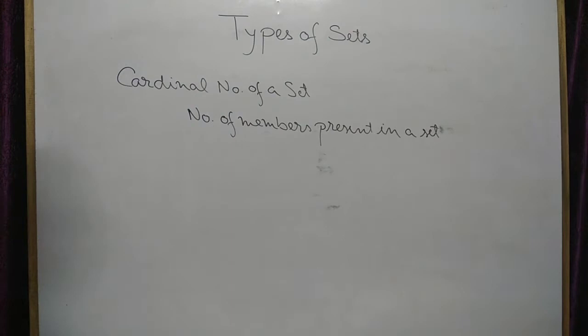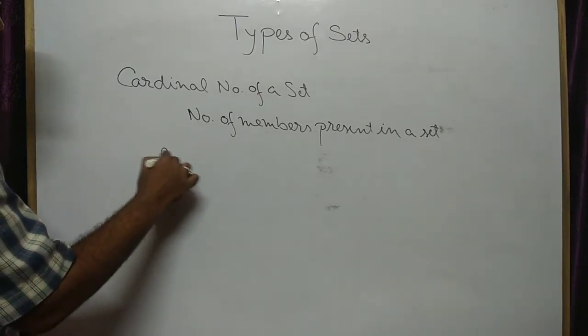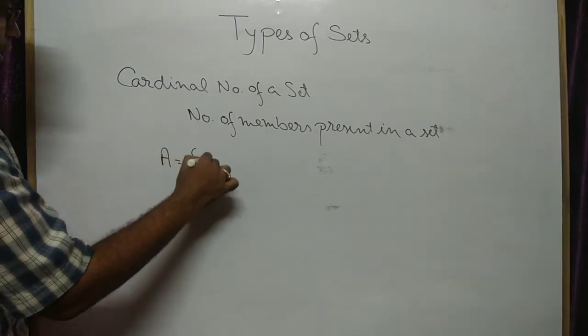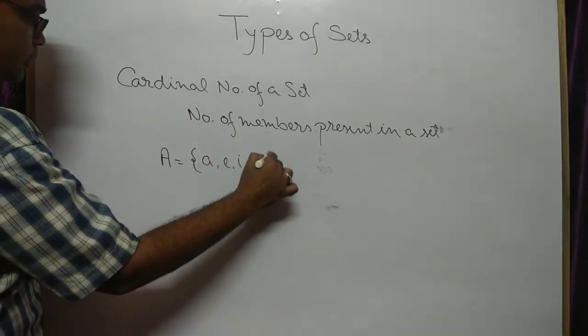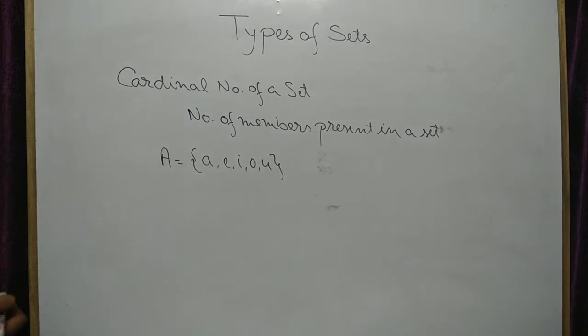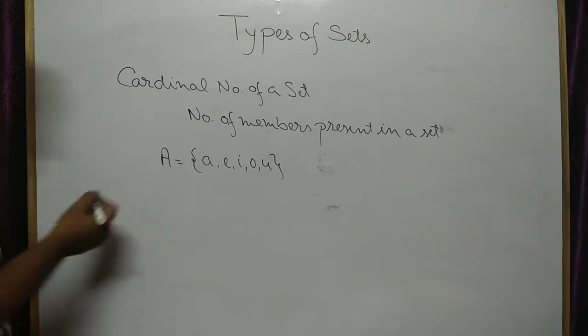I'm going to take again the same set of vowels. This is your set A. If anyone asks you to write down the cardinal number of set A, how do you write?